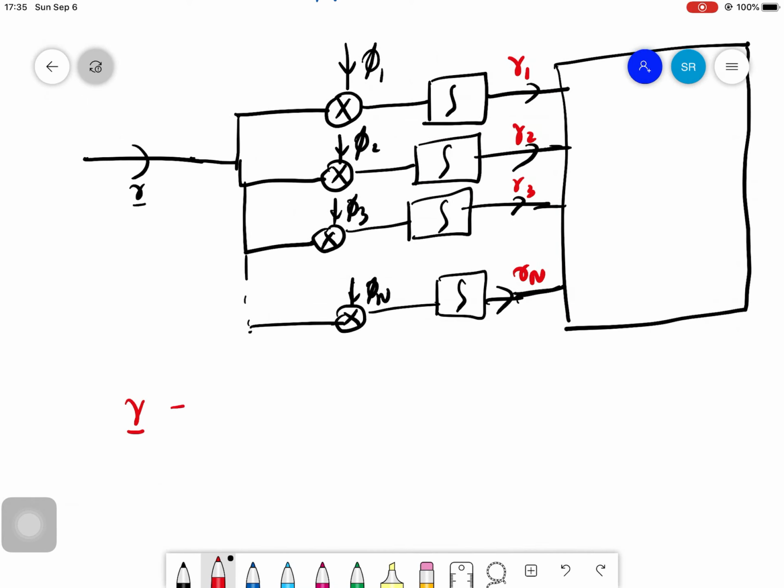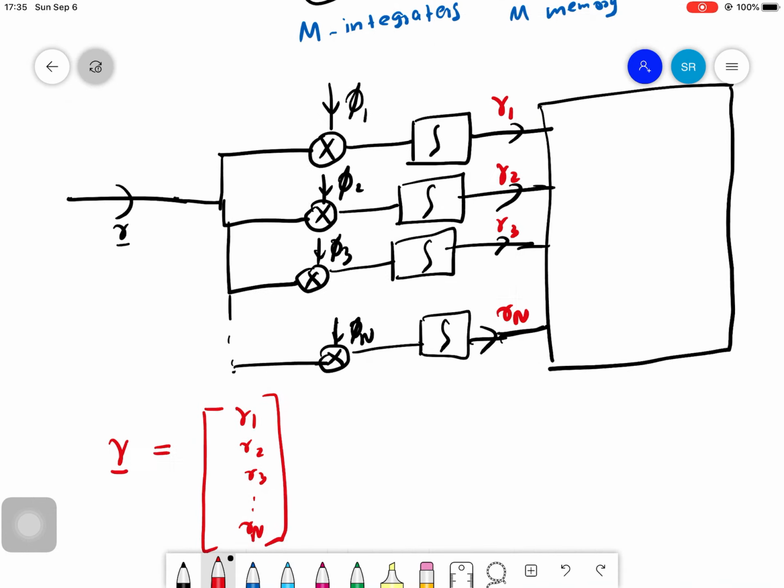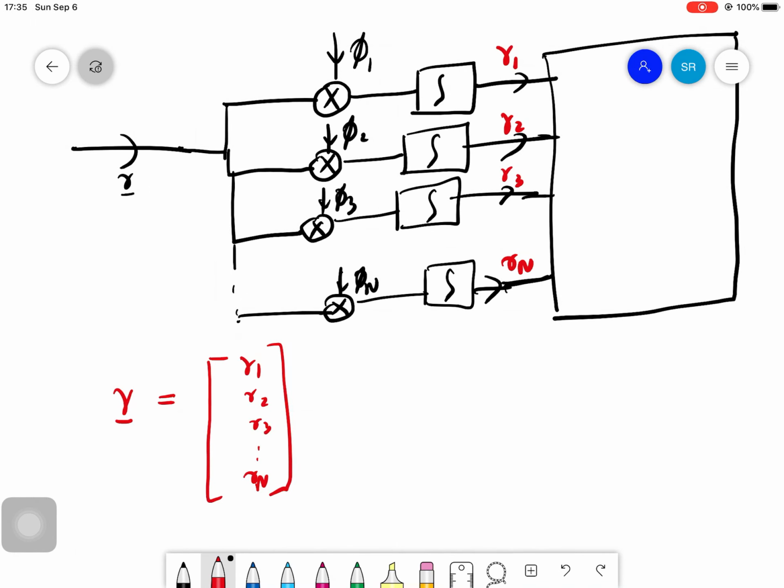It means I can write R with respect to my basis signal set as R1, R2, R3, up to Rn. Actually, this receives the R vector in my basis signal set.